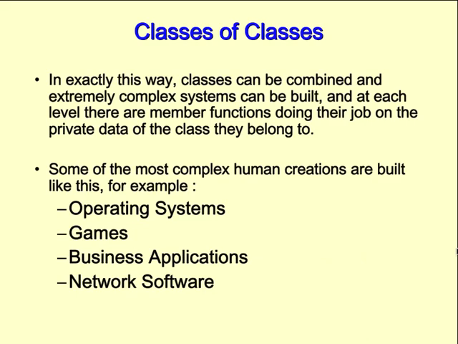So in exactly the same way, classes can be combined, and extremely complex systems can be built from this. It increases the power of using classes and using pointers in the language. Some of the most complex creations, operating systems as an example, are sometimes built with linked lists that are created in classes that store nodes that are class types, object types.